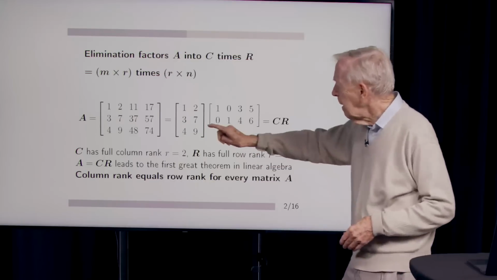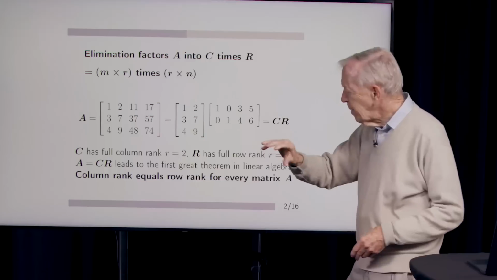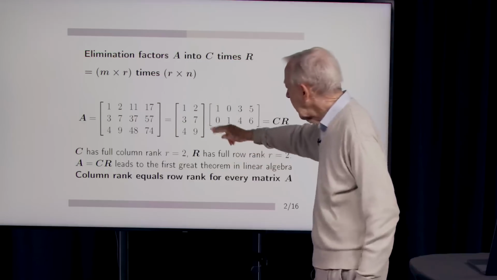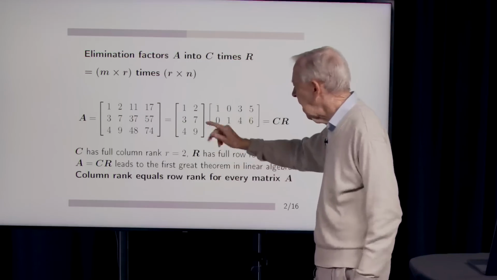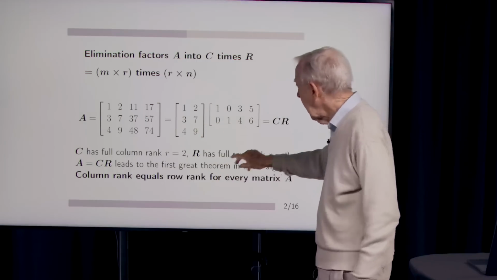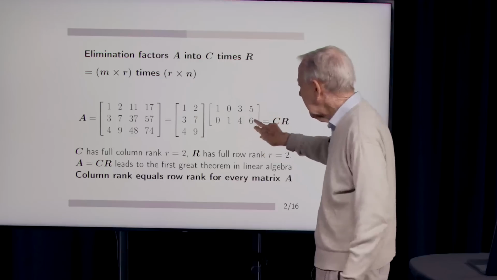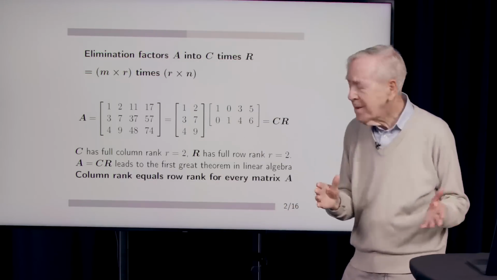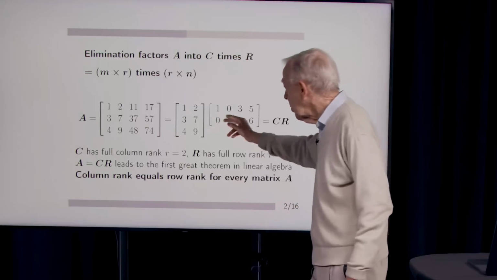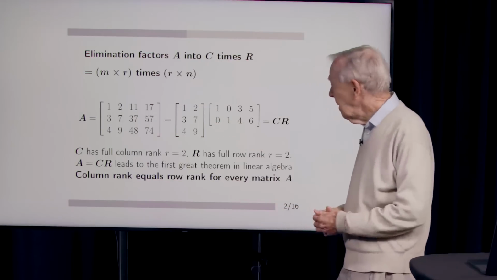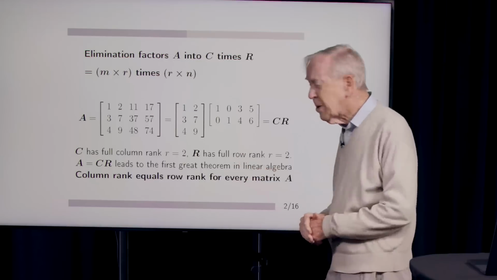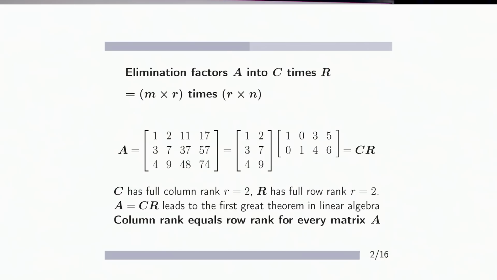But this is a factorization. Every matrix A factors, by doing that elimination, into the column matrix times the row matrix. It has 2 independent columns, just as A has, and it has 2 independent rows, just as A has. And what does that tell us? The 2 equaling 2 there tells us that the column rank and the row rank are the same, which is really the first wonderful fact in linear algebra.